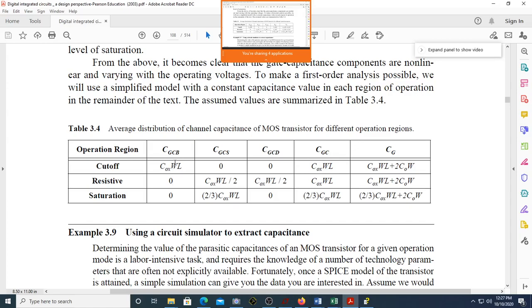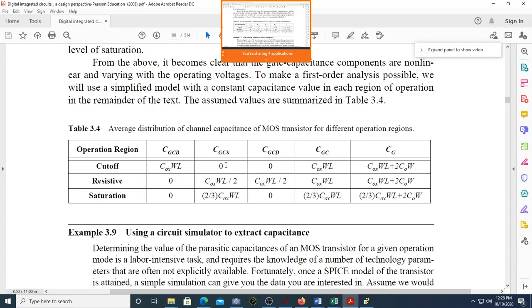Why is there no gate to channel bulk capacitance when the MOSFET is operating in the resistive and saturation region? Because the channel is formed. There is a channel in between the gate structure and the bulk. Correct? Because of that, these two capacitances are zero.